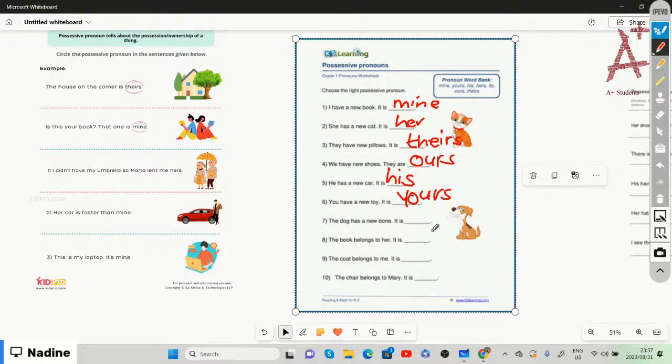So we can say it is yours. The dog has a new bone, and then we can say it is his.